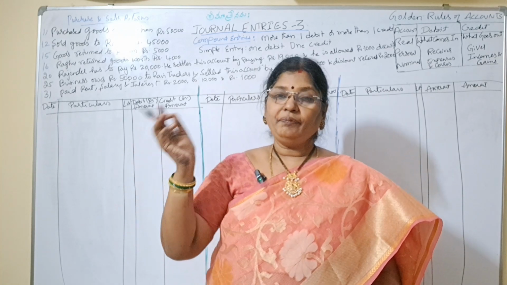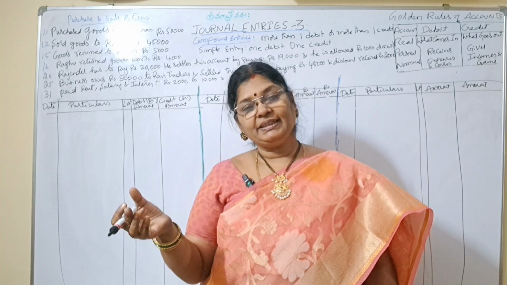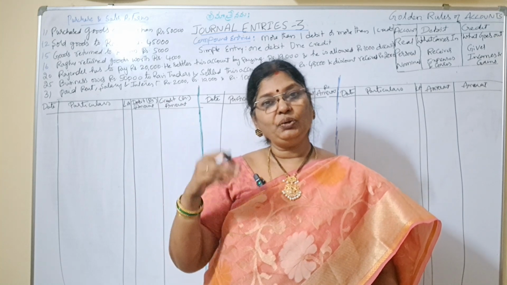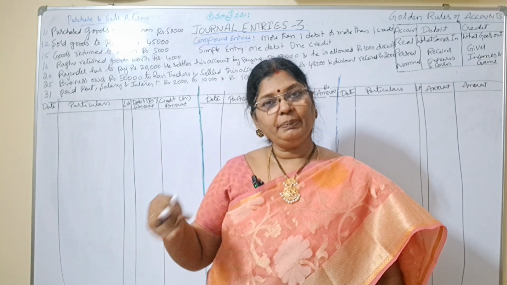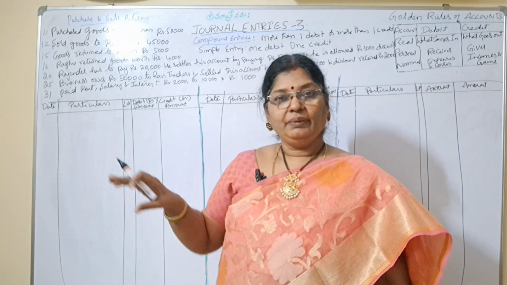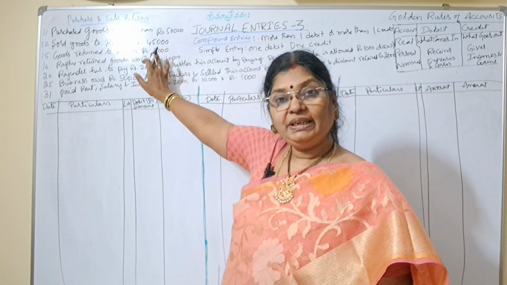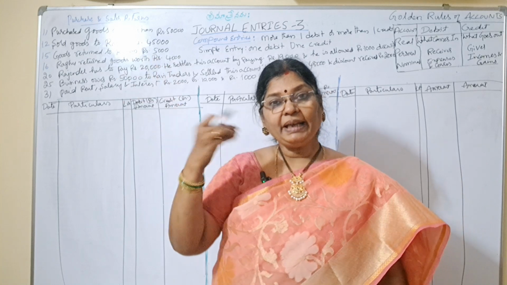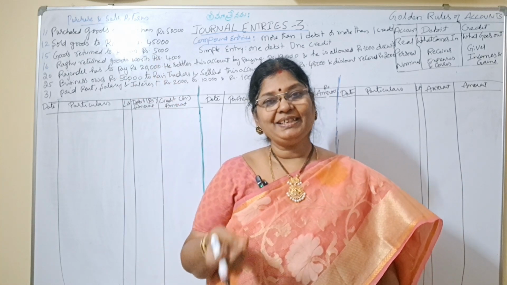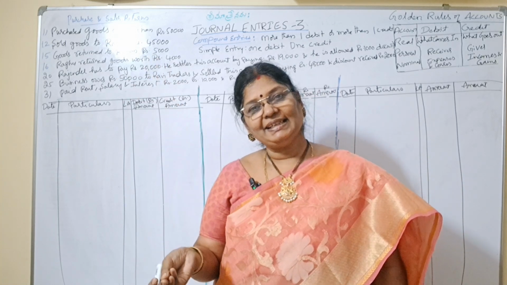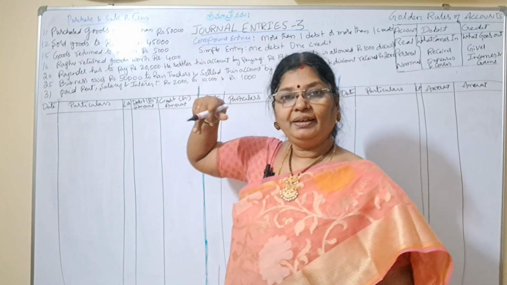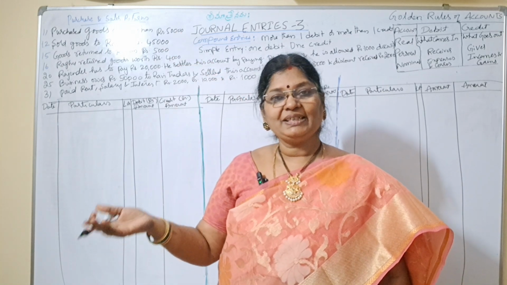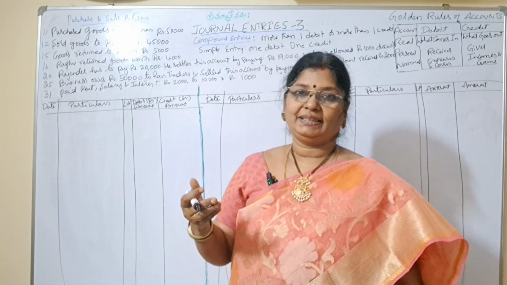If paid by cheque, purchase account debit to bank account. But here we have not paid cash or cheque; we have purchased by taking some time to make the payment. That is called a credit transaction. We will pay the amount to Rohan after some period.